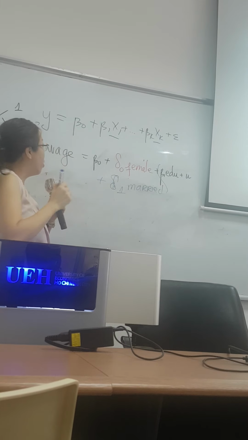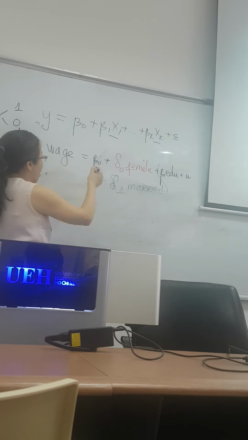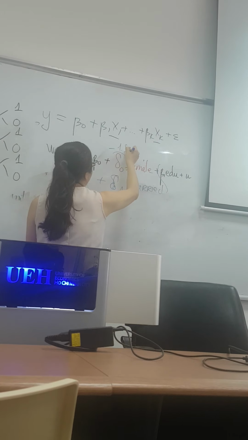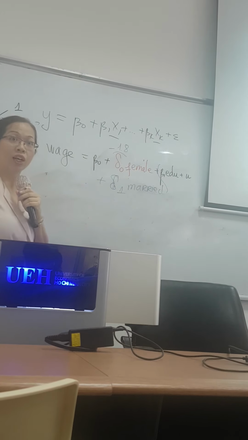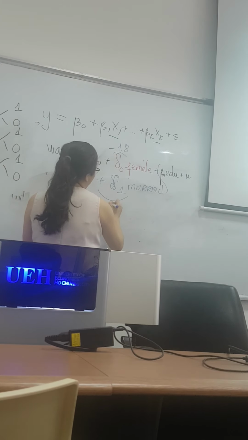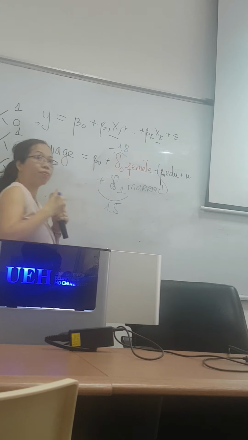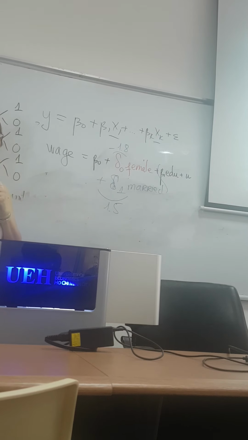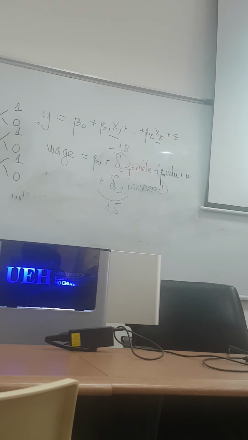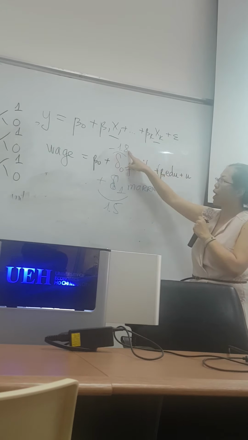So 2 dummy variables, and now assume, okay, I got here, right? This here is minus 1.8 for example. And then that one here equal to 1.5. Okay, so now, how do I interpret that 1.8 and 1.5?